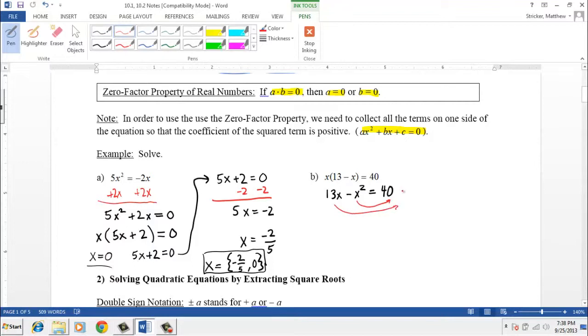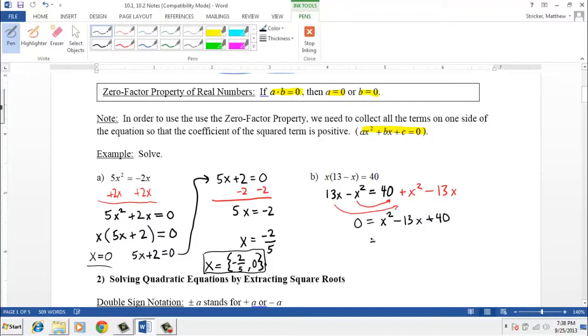That means I need to add x squared to the right side and subtract 13x from the right side. I need to do the opposites. So this is really going to be 0 equals, and let's write the correct order here: x squared minus 13x plus 40.